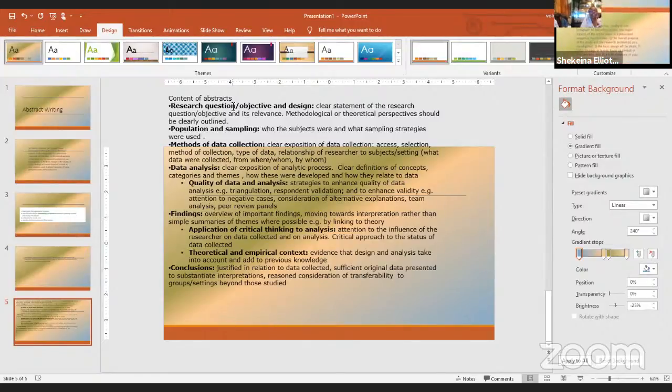In your conclusion, you justify the relation of the data. You need to satisfy the overall data presentation, the summation of your work, transferability, the ethical consideration must be taken, you must put that into context.